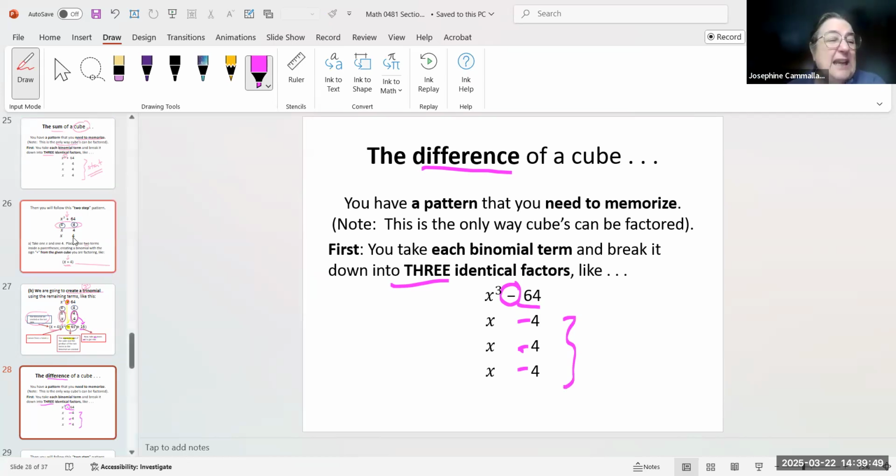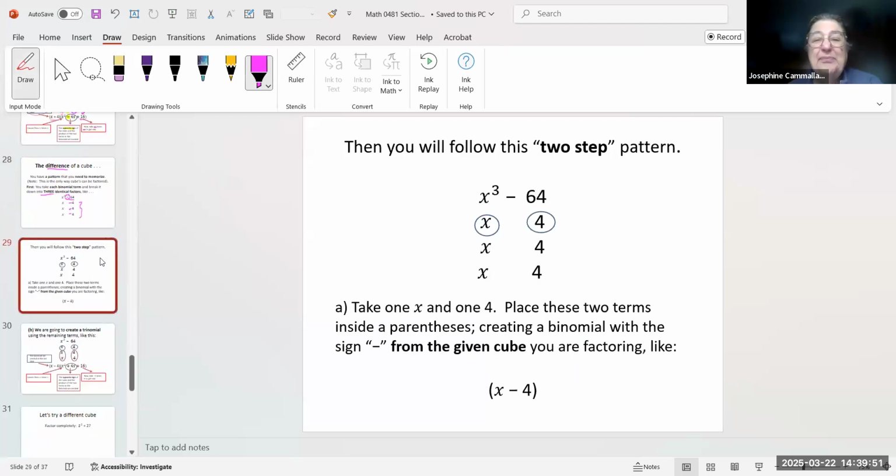Well, let's look right here. I'm going to take 1 x and 1 4, and I should say the negative, and I'm going to write it in parentheses, except I'm using the negative that's in front of 64. This is my binomial part.